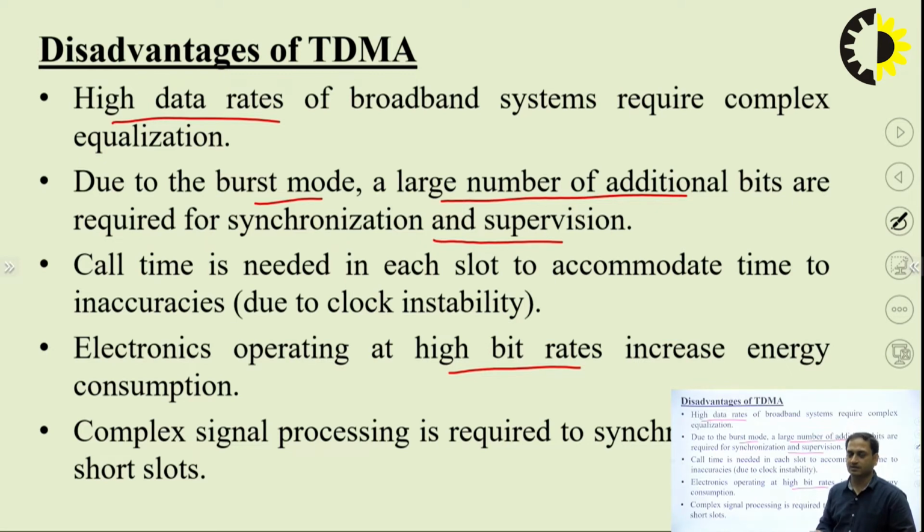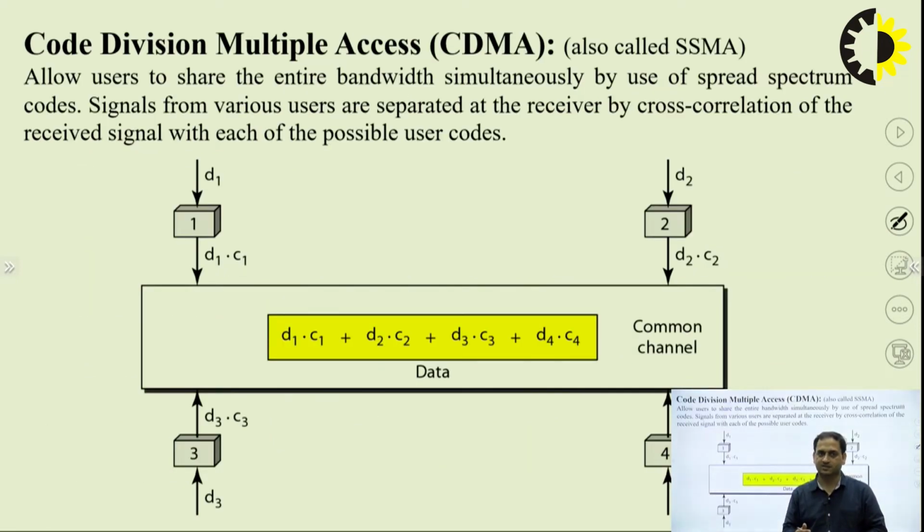If we want to transmit at a very high data rate, the complexity will be more and more energy will be consumed. Complex signal processing is required for synchronization within the short slots. So every slot has to be synchronized at the receiver as well.